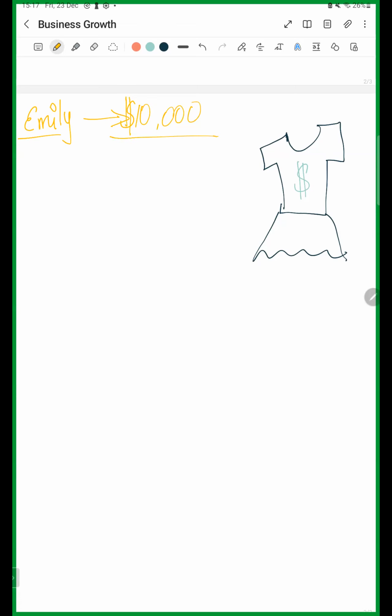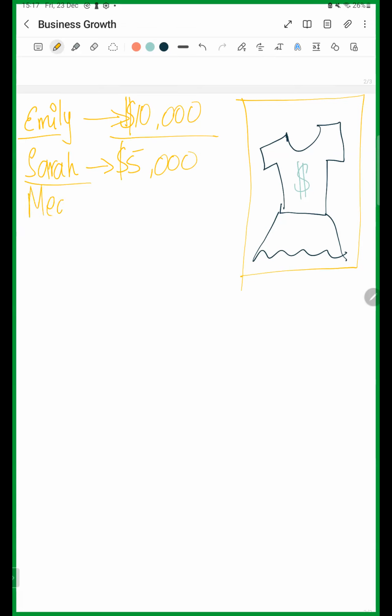Because it's a lot of money, one of your friends says, fine, let's buy this dress. And Sarah says, fine, I'll give you $5,000 for this.